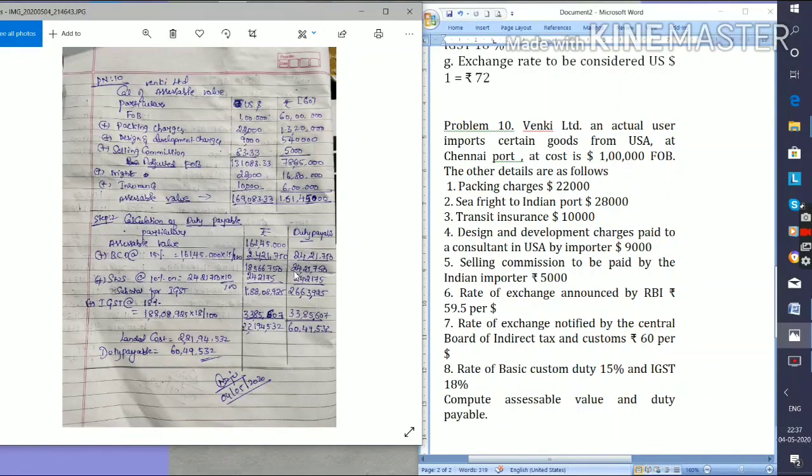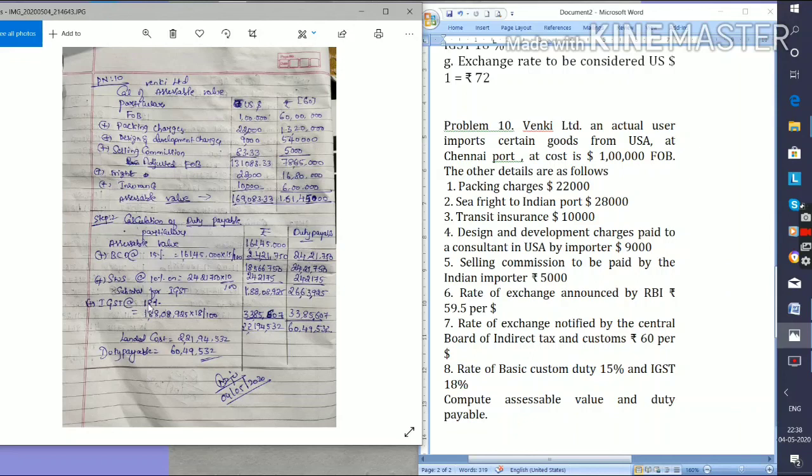Next, in the second column, that is 24 lakh 21,750. Add to this social welfare charges. Take this 24 lakh 21,750 into 10%. You will get 2,42,175. And again here 2,42,175. Add these to 1 crore 88 lakh 8,925. Here 26 lakh 63,925.